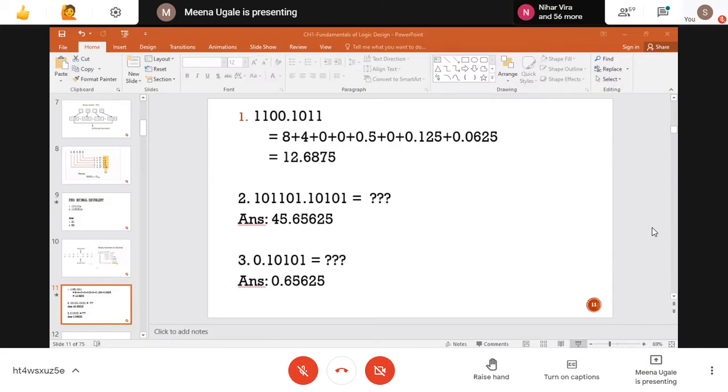Try for the another one. Check your answer also.